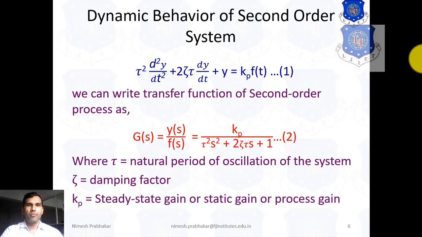To know the dynamic behavior of the second order system, it depends on the value of zeta, the damping factor. If zeta is greater than 0, less than 0, or equal to 0, then the dynamic behavior of the second order system changes.